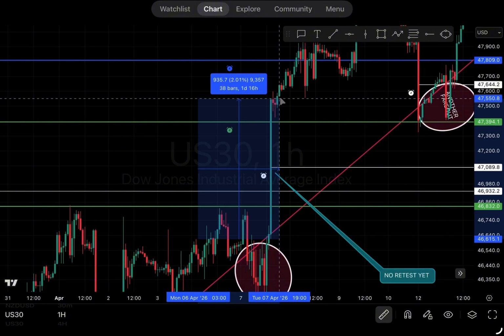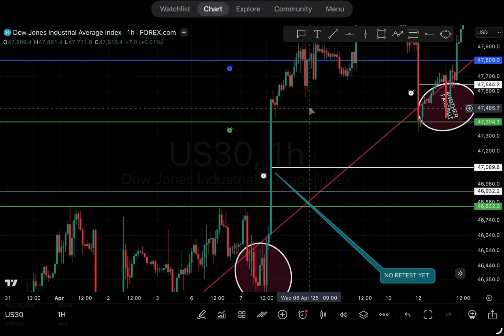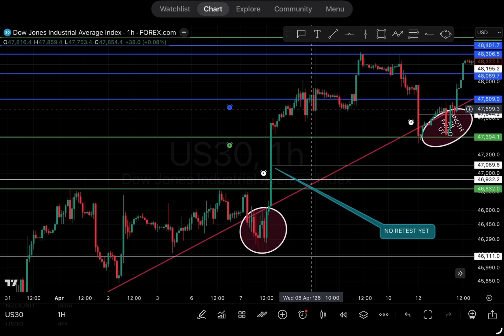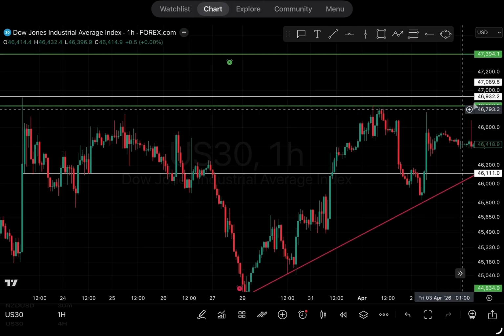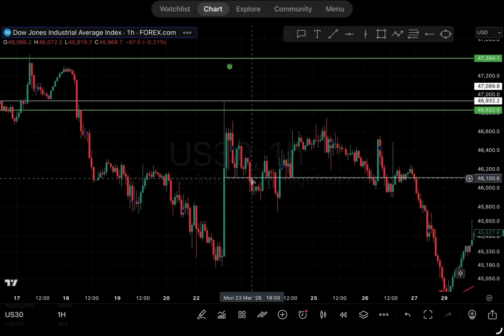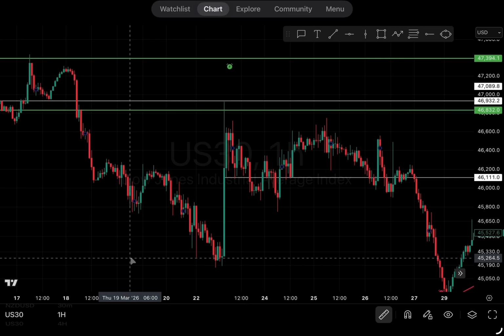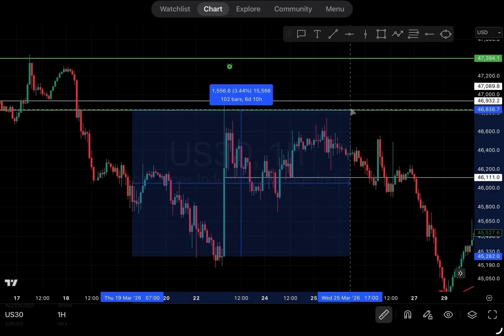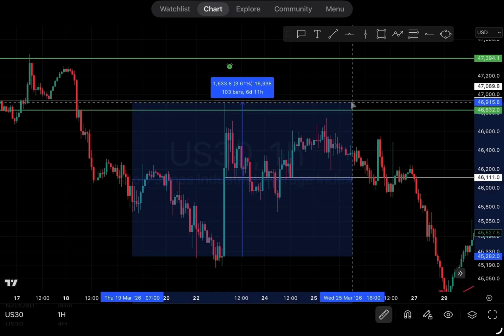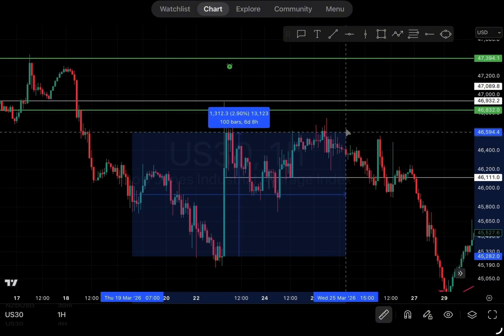Wow. 935 pips. That's massive. Almost 1,000 pips, guys. That is huge. It was even bigger, I believe, than this one if we don't count the wick. Actually, with the wick, it might be about neck to neck. Let's see. No, it was even more with the wick. Without the wick, we were at about the same.